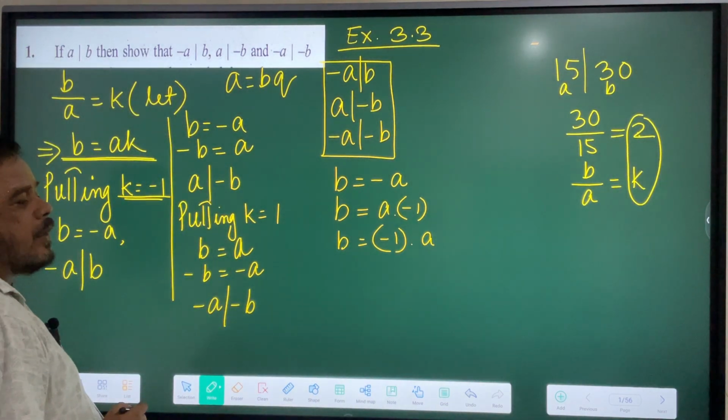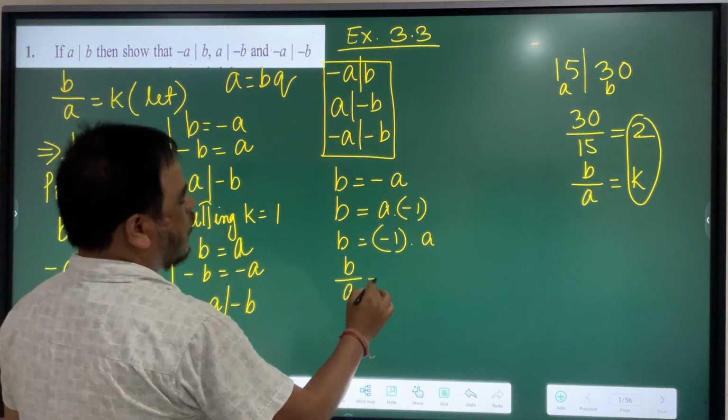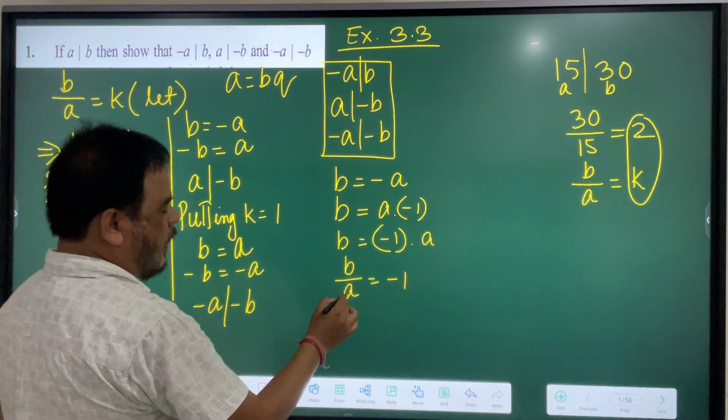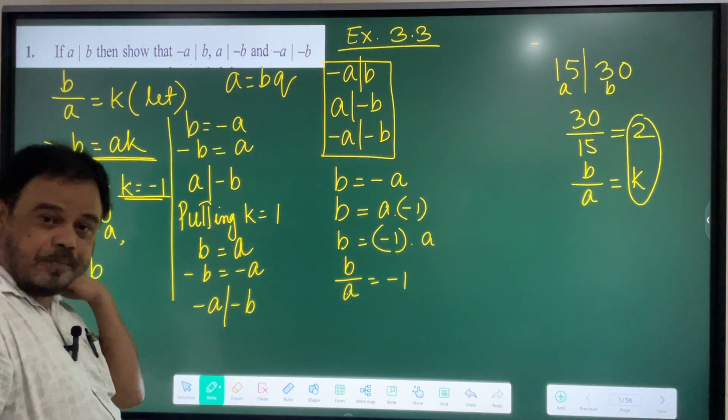It means B by A equals minus 1. That means if we divide B by A, we get minus 1.